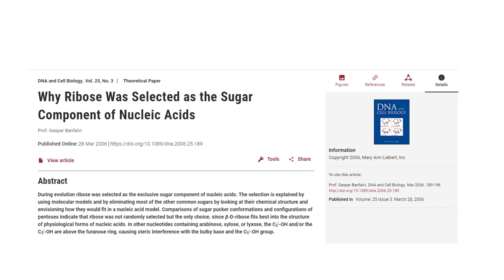And the question is, how is it that nature was able to make this choice so early on? And there is, in fact, a very rich chemical synthetic literature on xenonucleic acids, where synthetic chemists have used sugars other than D-ribose to synthesize nucleic acids.